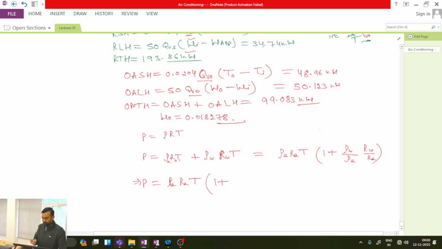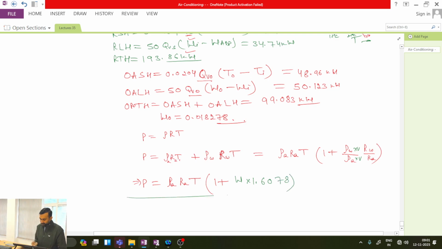If I multiply and divide with volume, what will I get? Mass of water vapor upon mass of dry air. So ultimately W times RW by RA. RW is how much? 0.462, RA is 0.287. So 0.462 upon 0.287, how much is it? 1.6078.